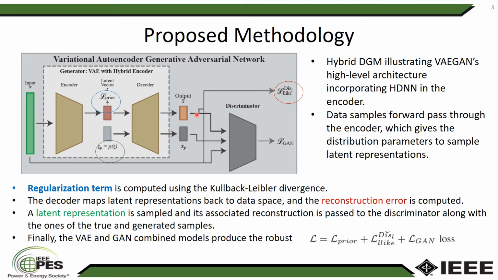This is the proposed methodology, and you can see here how our proposed model, VAE GAN, or variational autoencoder generative adversarial network, is illustrated. This is the data input flow, and this is the main engine of the VAE with hybrid encoder, and the output comes here in this way, and there is a discriminator coming up here, and finally we get the combined model output, that is, output coming from VAE and GAN together as shown here.